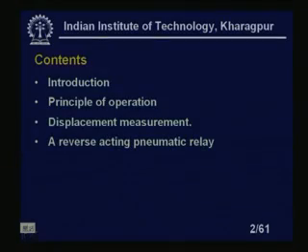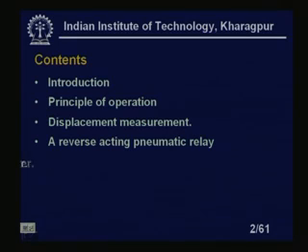We have a reverse acting pneumatic relay, because to keep this pneumatic flapper nozzle system in a linear region, we should make the movement of the flapper very small. To do that we need some pneumatic relay, which is called a reverse acting pneumatic relay, and we will discuss it in detail.